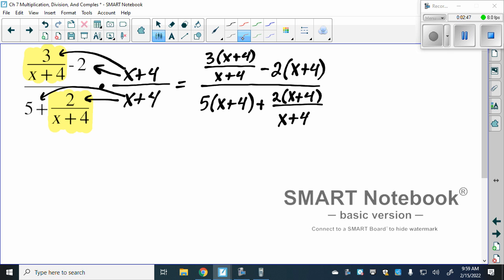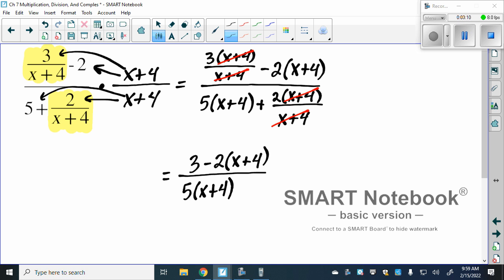Now, what simplifies? Well, these x plus 4s and these here, which will leave us with what? 3 minus 2 times x plus 4 over 5 times x plus 4 plus 2.